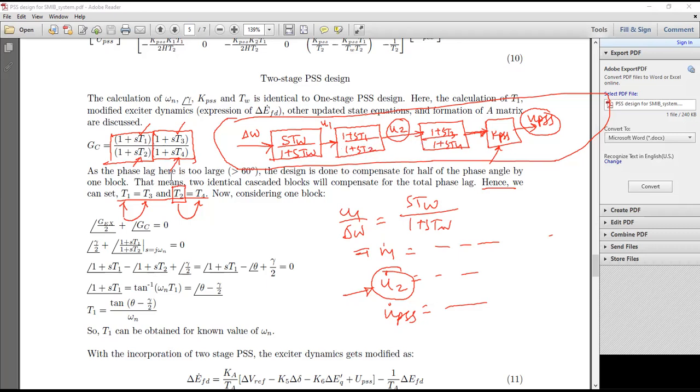Because you are only designing T1, you have to take half of the lag produced by GEX, not the full lag, because you are designing for T1 and you are assigning it to T3.